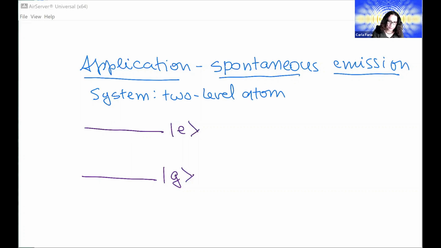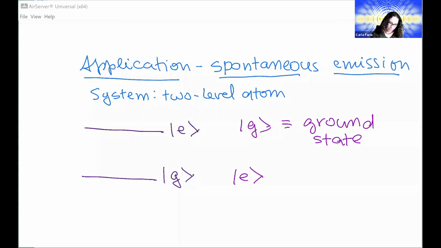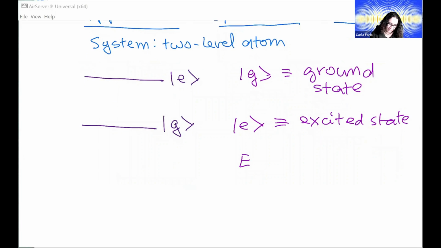So here, just to specify, G is our ground state. E is our excited state. The energy in the ground state we're going to set to 0 for simplicity, and the energy in the excited state we're going to set to be h bar omega.